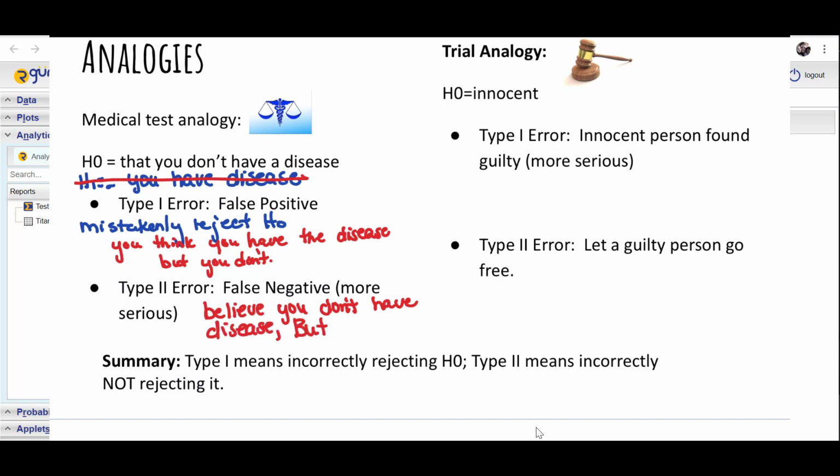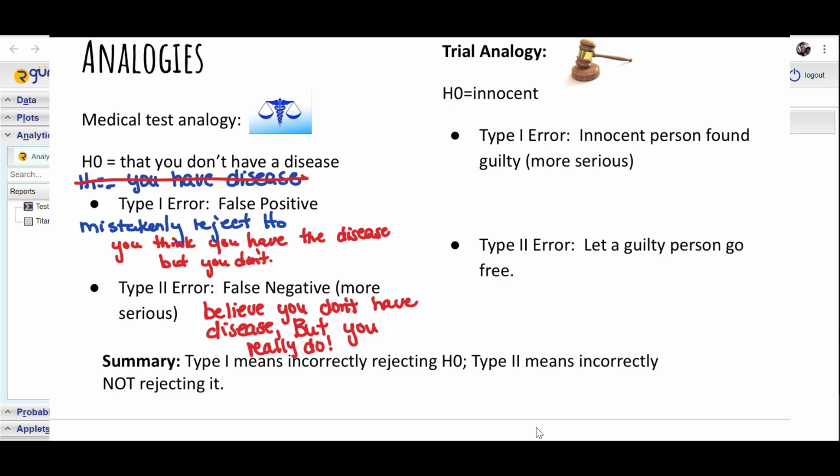But because you made an error in your decision, you really do. Which is the worst scenario, I think. So obviously you're sick and you need to get treated, but you don't realize you have the disease, even though you really do, based off of that.